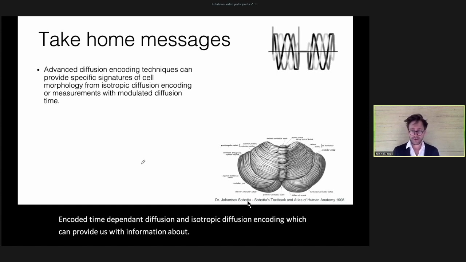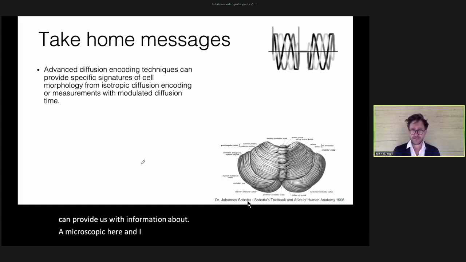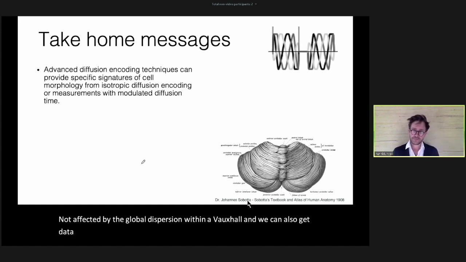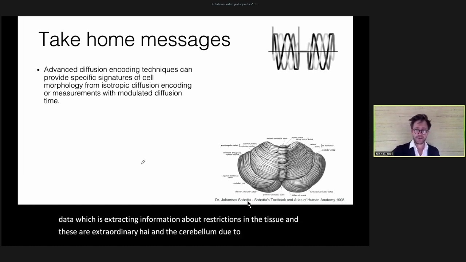microscopic anisotropy, which is not affected by the global dispersion within a voxel. And we can also get data which is extracting information about restrictions in the tissue. And these are extraordinarily high in the cerebellum due to the high soma density.